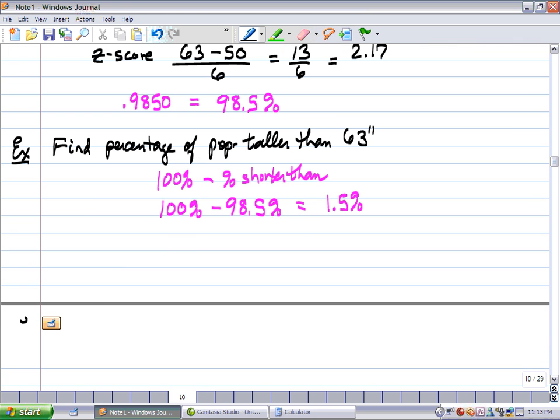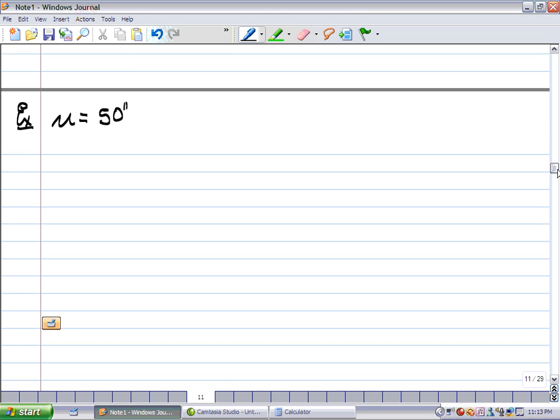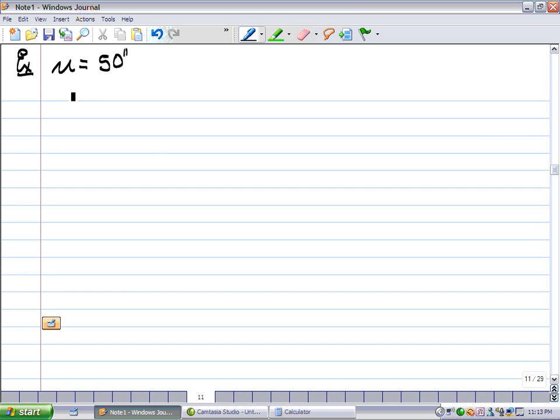One more type, that's the between. So once again, make mu 50 inches, sigma 6 inches.